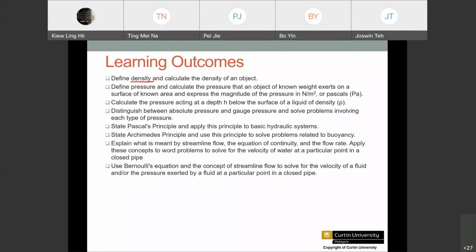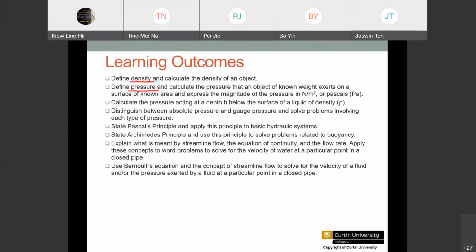And another one is pressure. Instead of force, when we are dealing with fluids, we call it pressure. For example, when you go diving, you won't say the force underneath the water is very big. You will usually say, oh, I feel the pressure of the water is quite huge when I go deep down into the water.